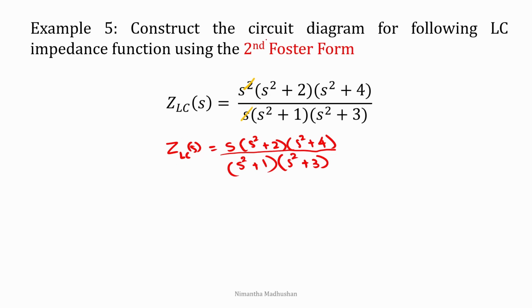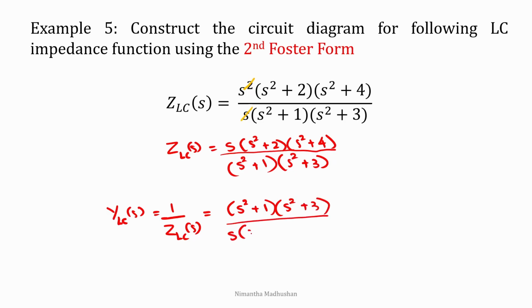In the second Foster form, we have to apply partial fraction expansion to the admittance function. Then we have to find the admittance function Y_LC, which is 1 over Z_LC. We interchange the numerator and denominator: (s squared plus 1)(s squared plus 3) over s times (s squared plus 2)(s squared plus 4). That is the admittance function.